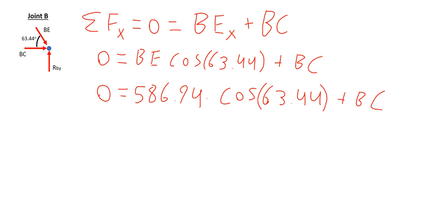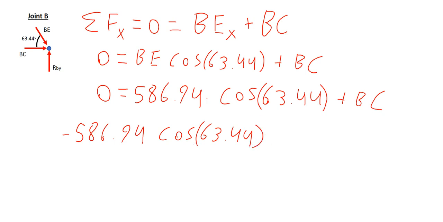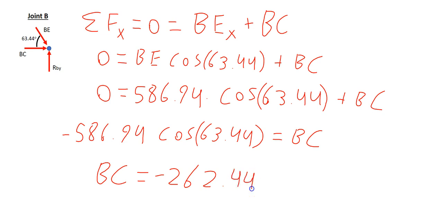So we get a value of negative 586.94 cosine 63.44 is equal to BC. Finally, as we simplify the left side of the equation, we get that BC is equal to negative 262.44 pounds.